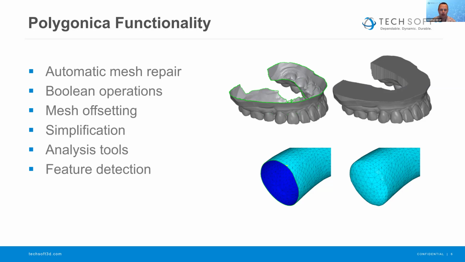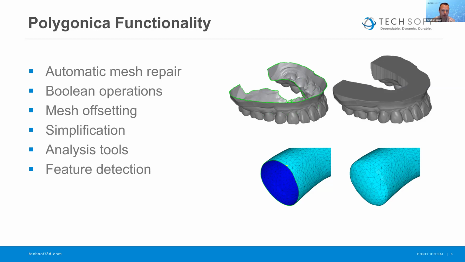Or the other way around, we want to take a solid and remove it from that. Let's say we wanted to hollow out an object for 3D printing, we would do the same thing. The next one here is offset. We would offset the model down, subtract the offset one from the larger model using Boolean, and then be able to use that for 3D printing.